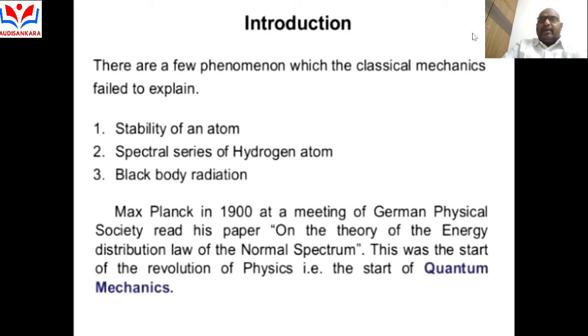In 1900, Max Planck, at a meeting of the German Physical Society, read his paper on the theory of the energy distribution law of the normal spectrum. This was the start of the revolution of physics, that is, the start of quantum mechanics. Quantum means wave packets.